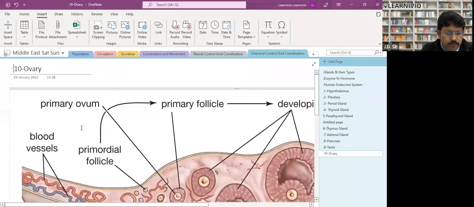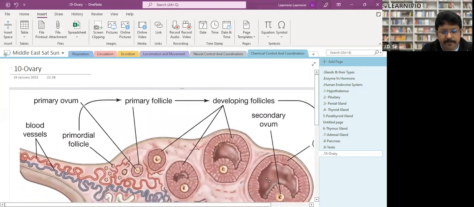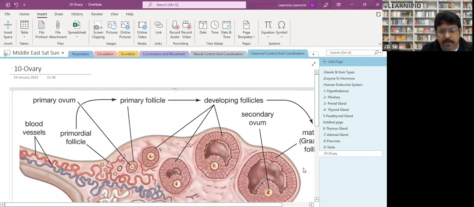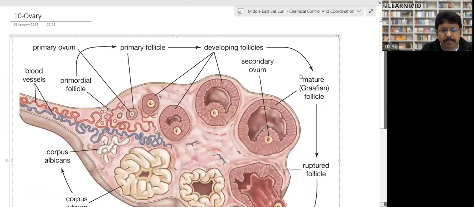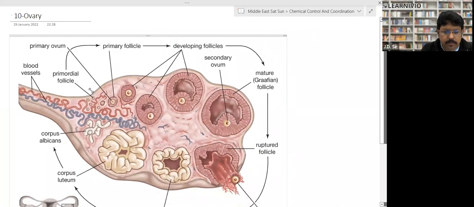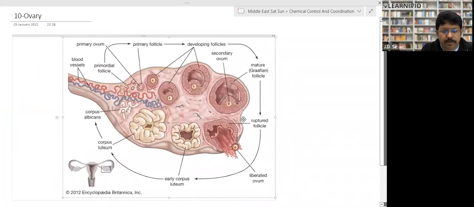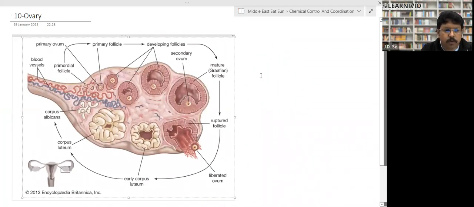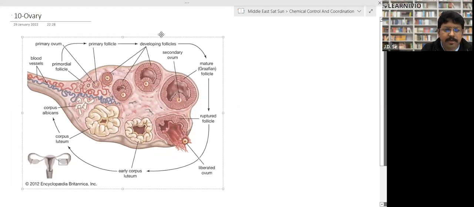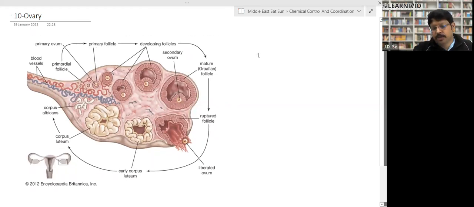This is the lateral section of the ovary, and we'll study this again in class 12th in detail. Till then I'm just giving you an introductory part. One more thing I want to tell you here: when a male reaches puberty, around the age of 11 years, only then does the formation of sperm take place.